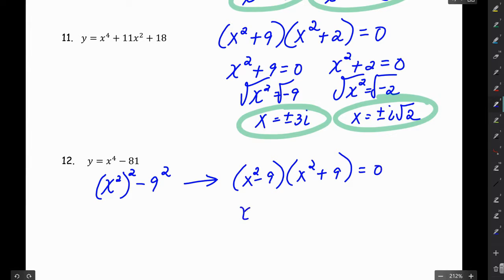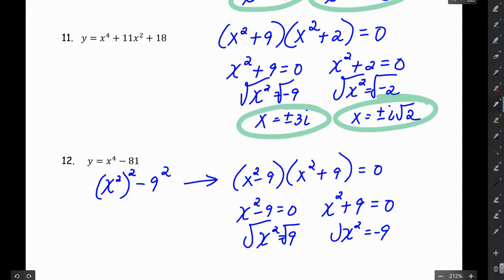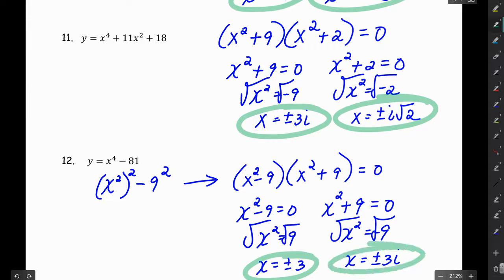Set each part equal to 0 and solve. And for number 12, final answer, plus or minus 3 and plus or minus 3i.